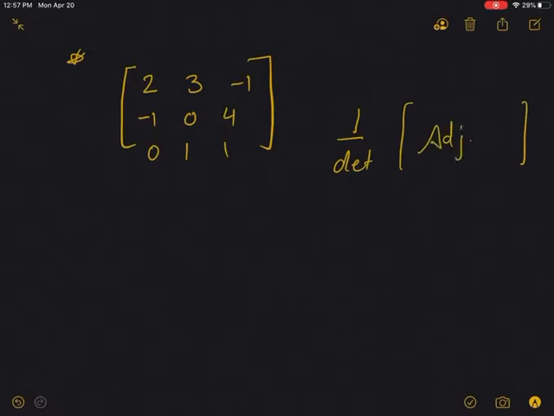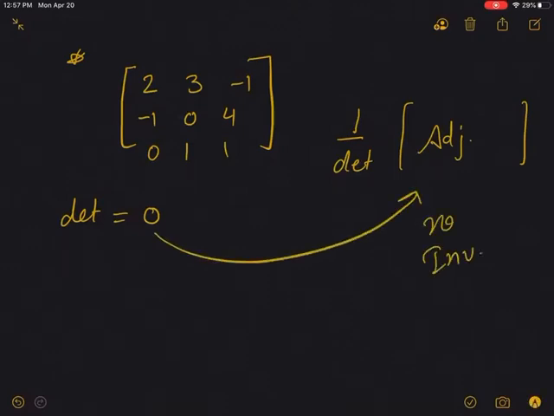Okay, so there's a recommendation I would like to talk about first. Remember, if the determinant is 0, there will be no inverse at the end. Something you could do first is find the determinant by picking any row and multiplying by their minors.